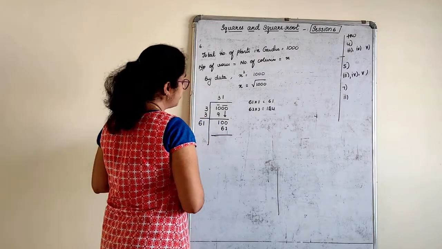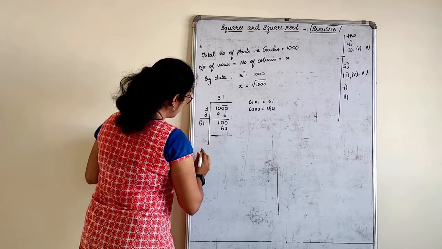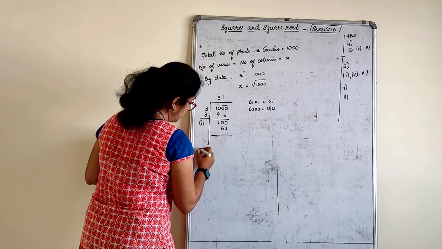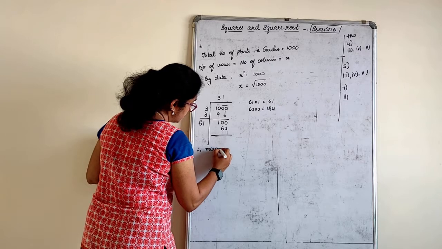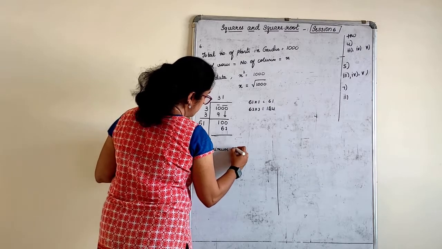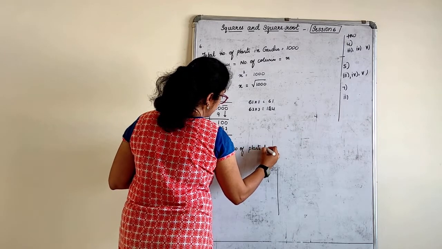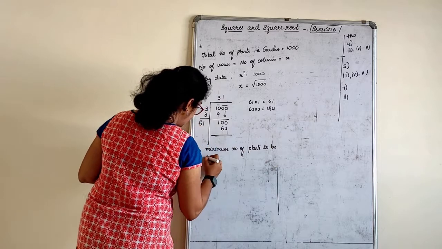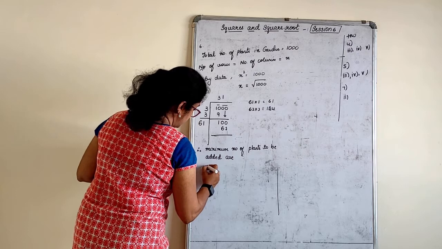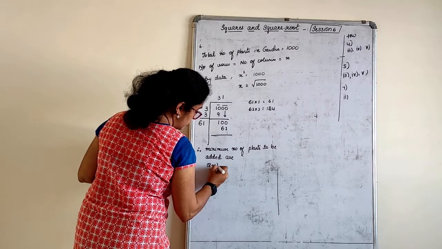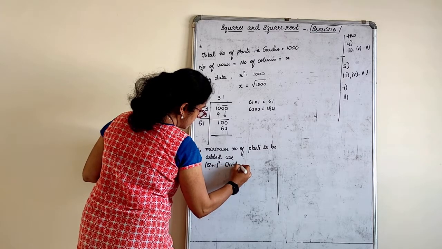Okay, so what we have to do now, it is the least number to be added. So then find out the next one. What we have to do for the least number to be added? Therefore, minimum number of plants to be added are: it is quotient plus 1 whole square minus dividend.